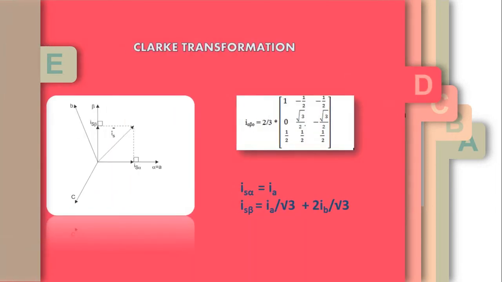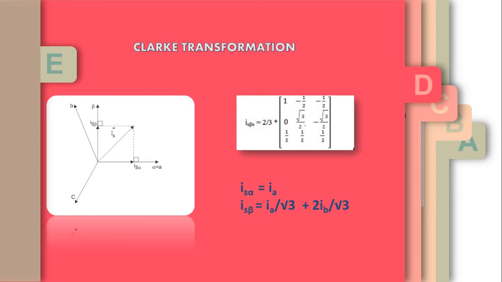This is the Clarke transformation. Three-phase quantities, either voltages or currents varying in time along the axes ABC, can be mathematically transformed into two-phase voltages or currents varying in time along the axes alpha and beta by the matrix given on the right side of the slide, that is I alpha beta equals 2/3 times the matrix.